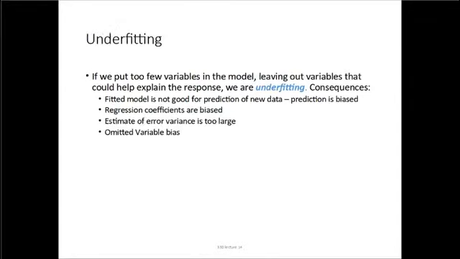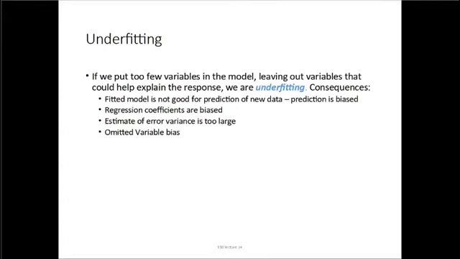The other one is underfitting. Now this is quite pronounced in the econometrics world, but not so much in the machine learning world. Because in econometrics, you build models not just for prediction purposes, but also to understand the relationship between explanatory variables and the response variable.